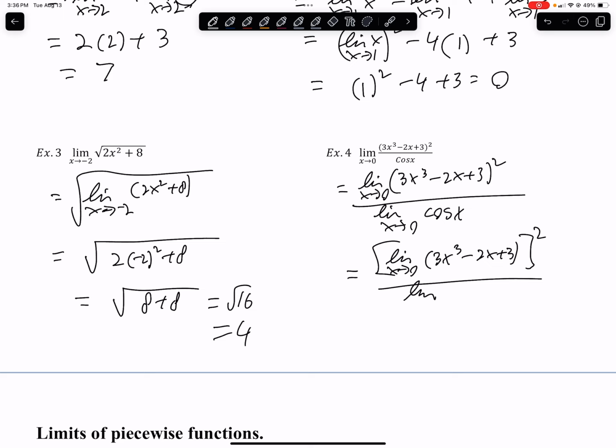And I'll talk about the bottom in a second here. Okay, here's the problem. Well, this is a polynomial. The rule is I could just plug in 0 for the x. So I'm just going to take a shortcut. And that limit on the inside is going to be 3. I'm just using the polynomial rule where you can plug the 0 in.